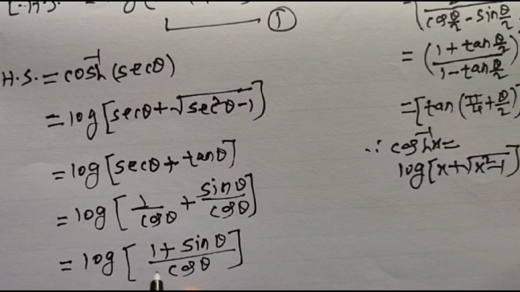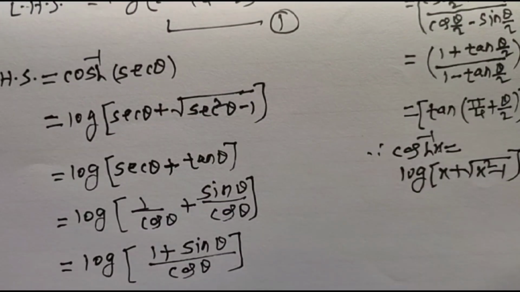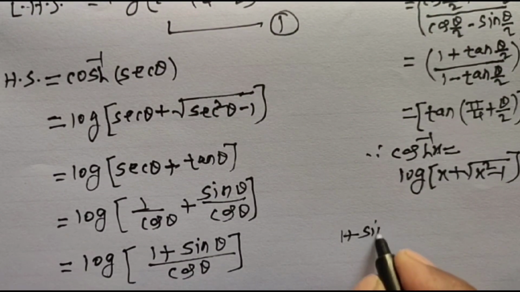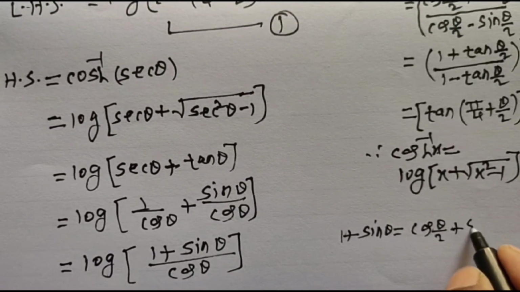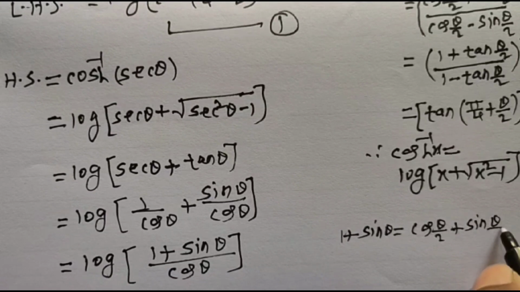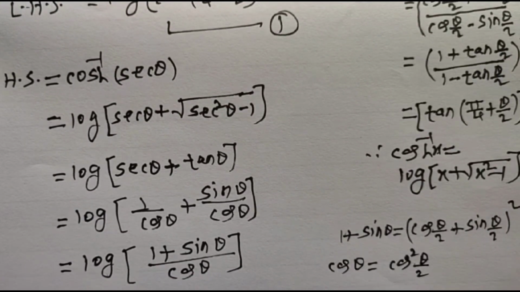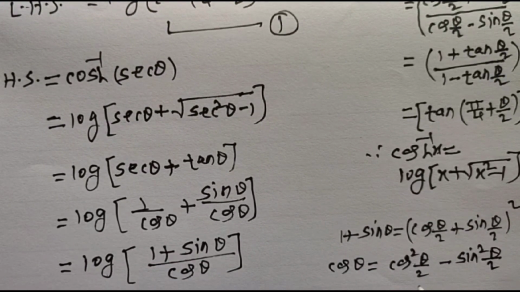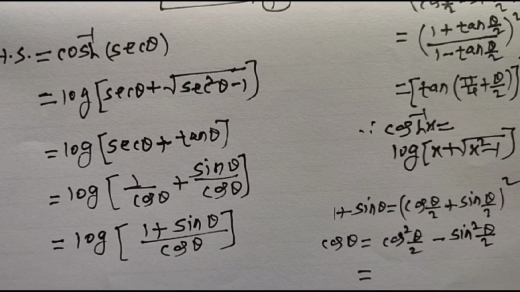And now 1 plus sin theta divided by cos theta can be written as: 1 plus sin theta is equal to cos theta upon 2 plus sin theta upon 2, square of this, and cos theta can be written as cos square theta upon 2 minus sin square theta upon 2, and this can be written by applying the formula a square minus b square is equal to a minus b into a plus b.